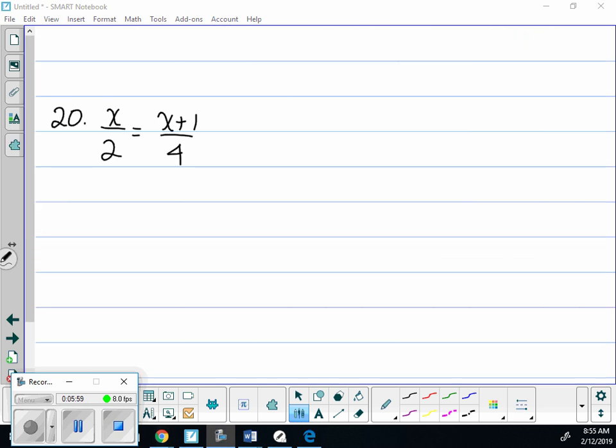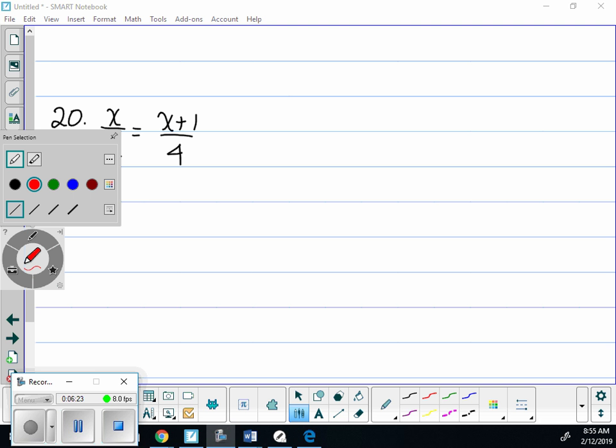So one way of dealing with this problem is to just multiply everything by 4. Both sides by 4. The other option is to cross multiply. If you have a single fraction equal to a single fraction, you can just cross multiply. So either way will work.